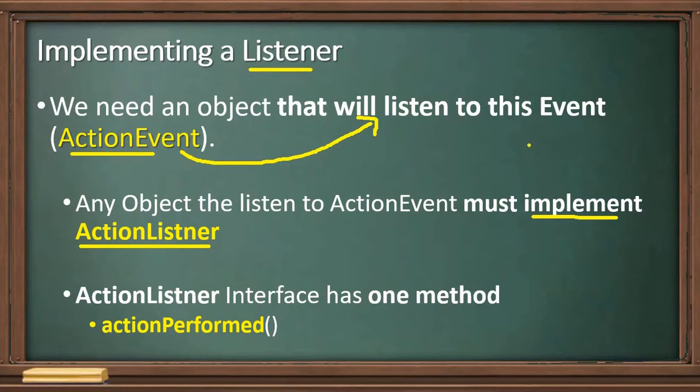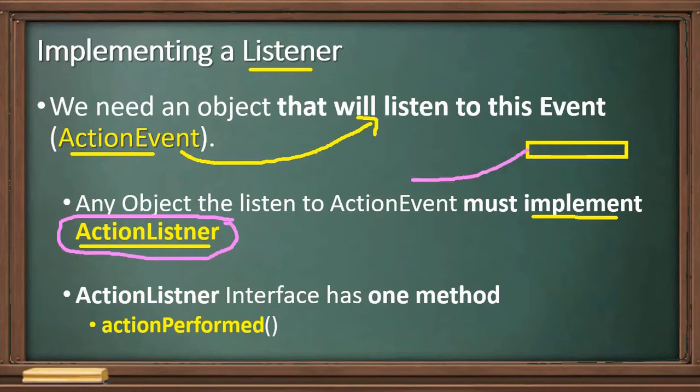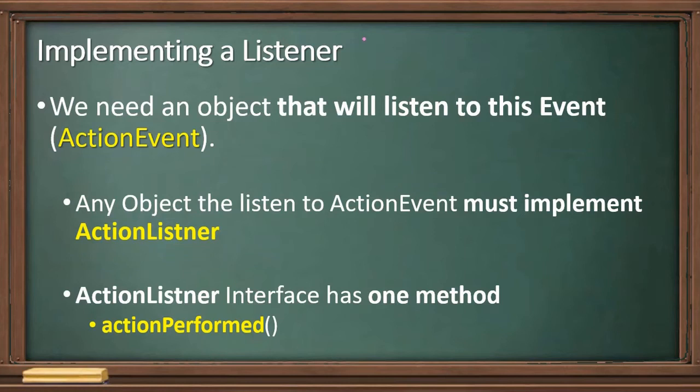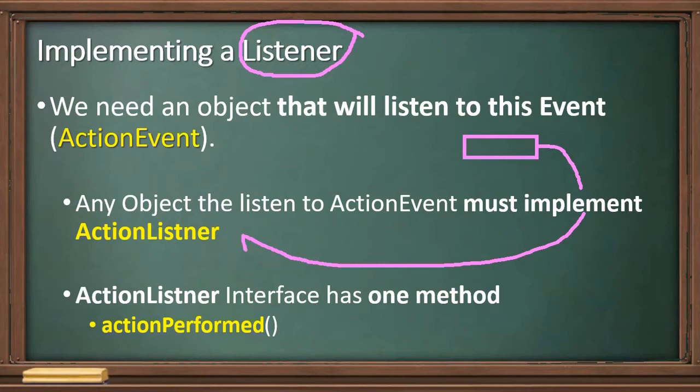So any object that has implemented the ActionListener can listen to the action event. This is as simple as that. So if you want to create a listener for your button click event, then you have to create a class that implements ActionListener.